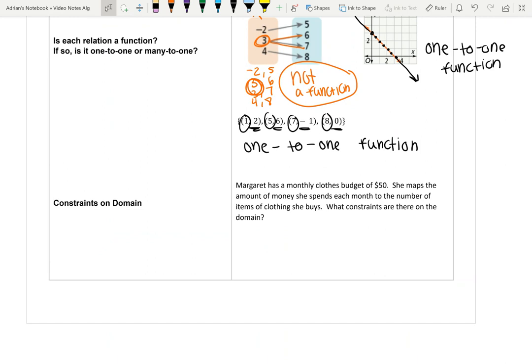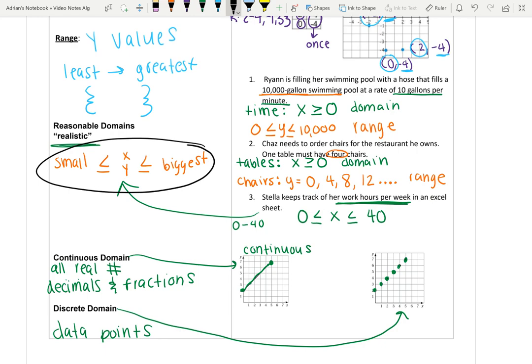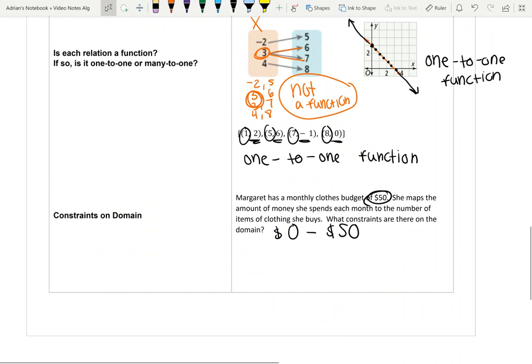So if she has a budget of $50, that means that the values that x can take can only be between 0 and 50. So she can only spend between 0 to $50. So if you remember up here, how I showed you to write if you're writing in between two numbers, I'm going to have 0 to 50. So 0 less than or equal to x less than or equal to 50. And that's my constraint on the domain because I can only spend in between those two amounts.